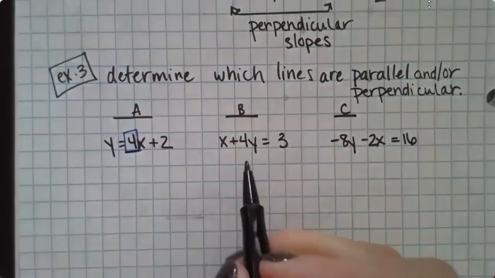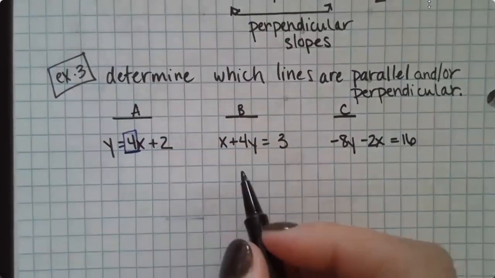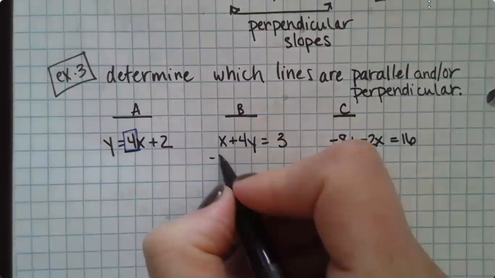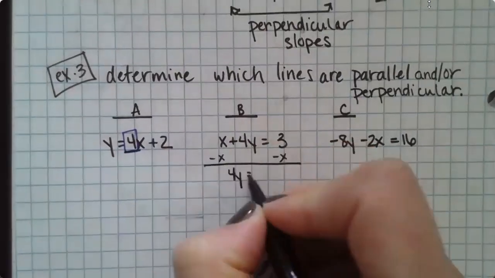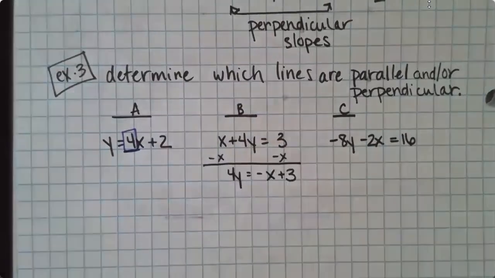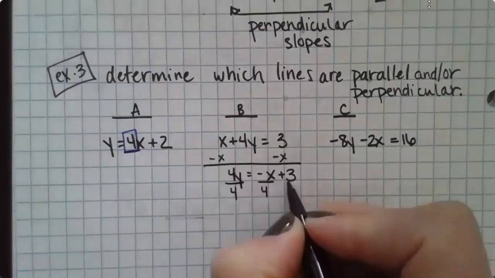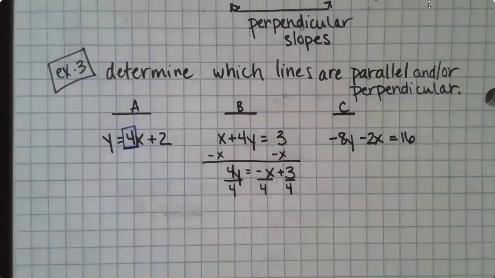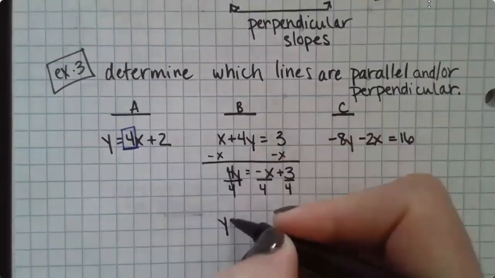So let's get line B into slope intercept form so that we can see its slope. We'll subtract x from both sides. So then we get 4y equals negative x plus 3. And divide every term by 4. So we get that in slope intercept form.